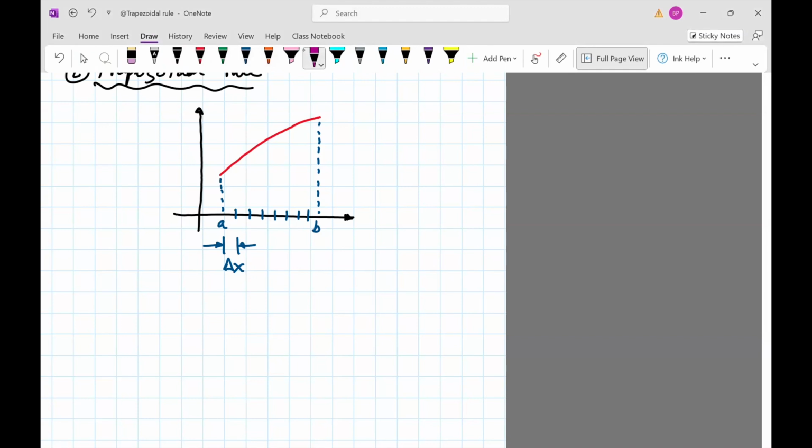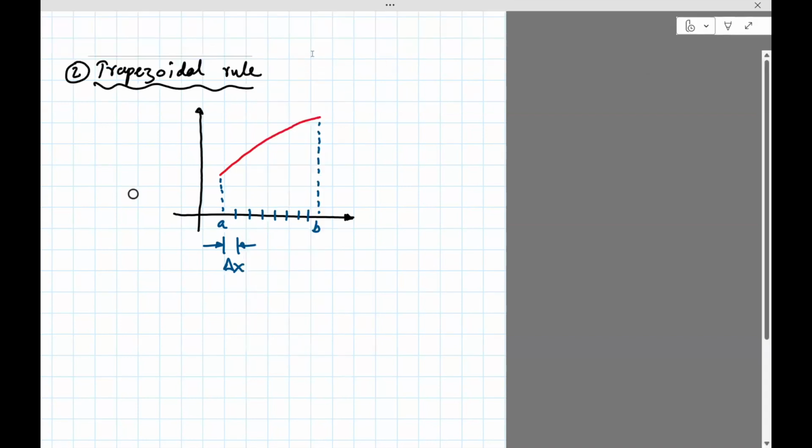But we'll do the following. Instead of trying to approximate this by a constant, we'll approximate the shape with a straight line. So these are 2 points, f0, f1. We'll basically fit a straight line.